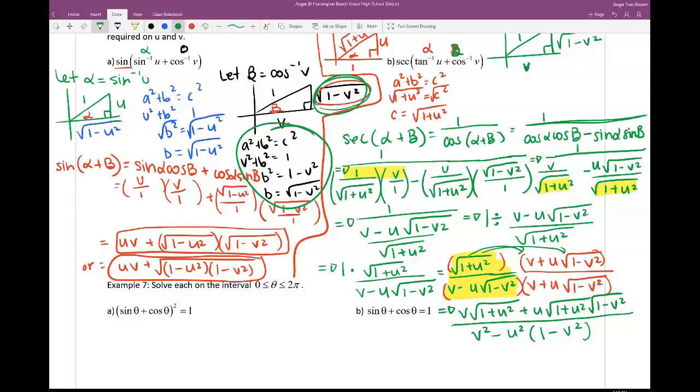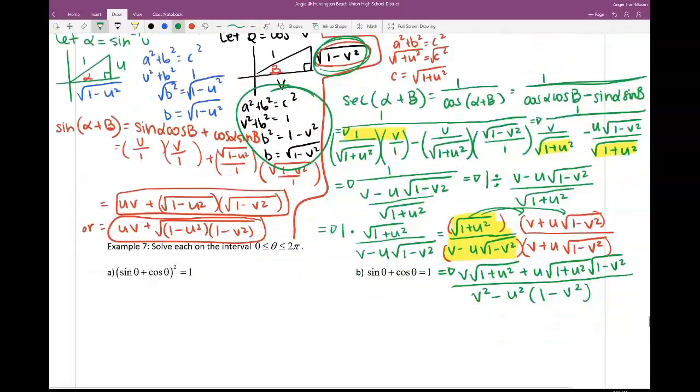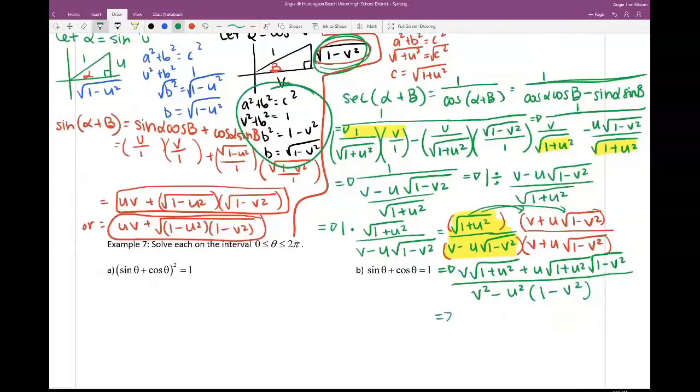Okay, so now we're just going to see if we can do anything to simplify, right? So let's check. This is v times the square root of 1 plus u squared on the top plus, technically you can keep these two right here as their own radicals, or you can multiply and put it under one common radical like this.